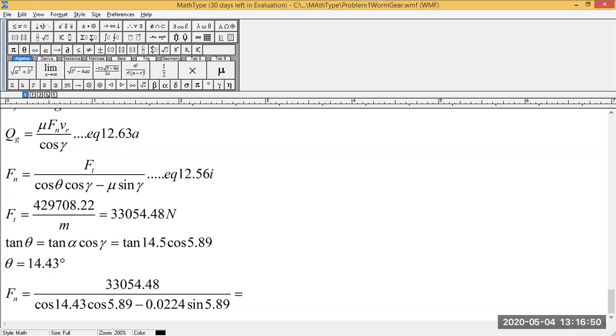This divided by cos 14.43 into cos 5.89 minus 0.0224 sin 5.89.